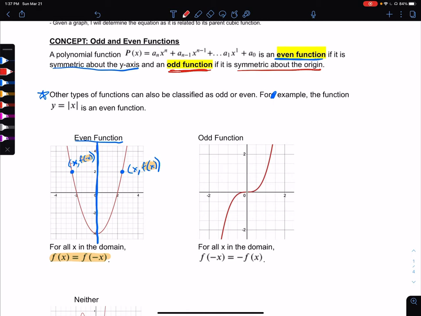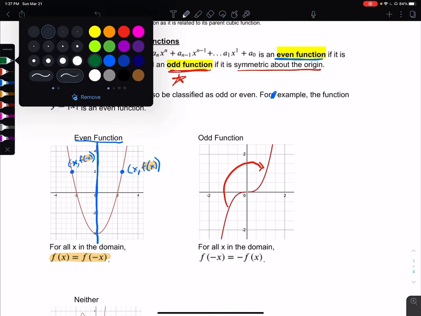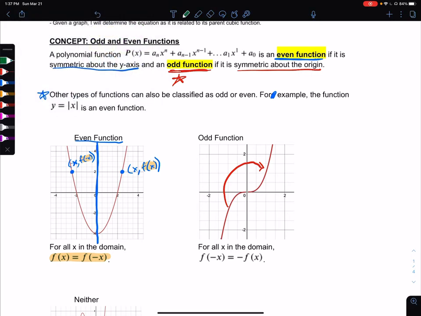Now let's look at the odd functions. Odd functions we set up here. We're symmetric about the origin. So really, one of the easiest ways to test for this is you want to rotate your graph 180 degrees. You want to see if it's the same. So I'm going to change colors here. And what I'm going to do is trace this graph right here as closely as I can.